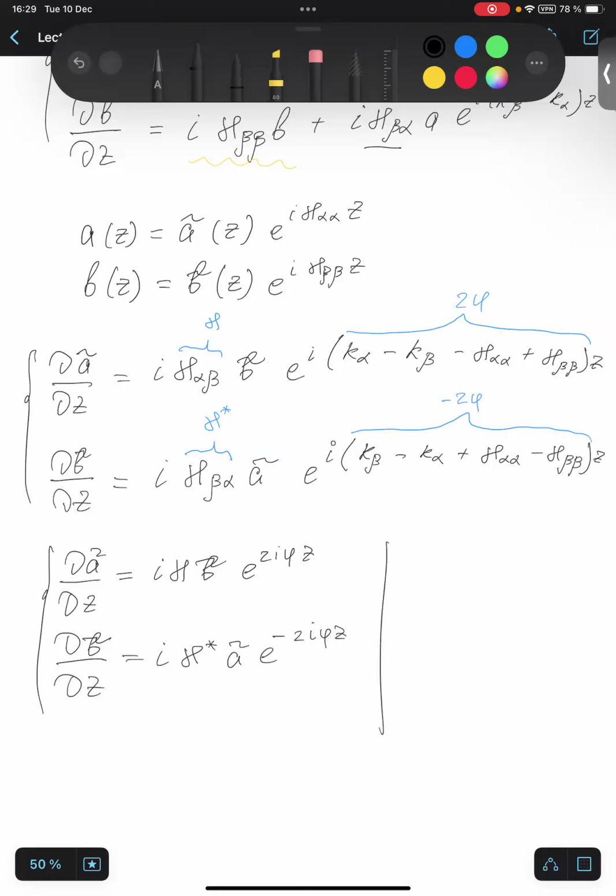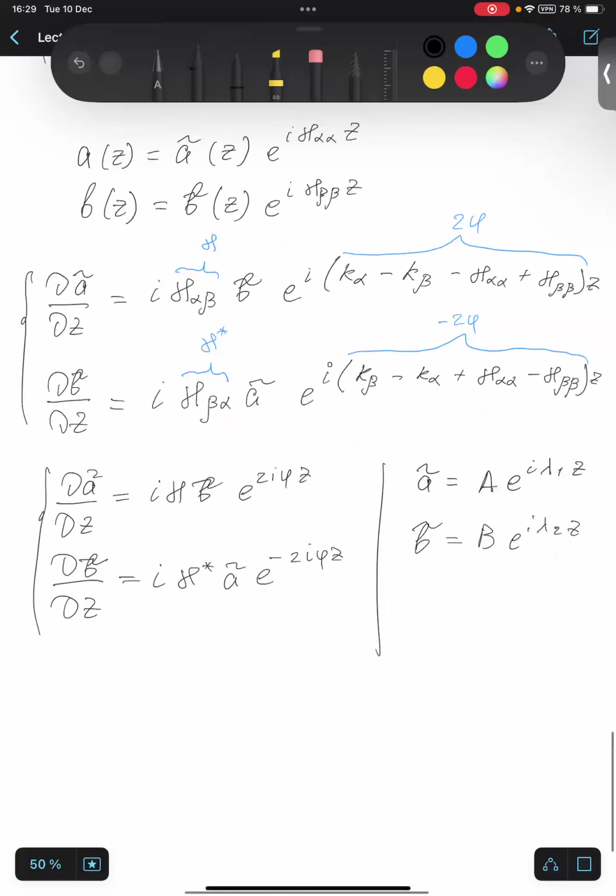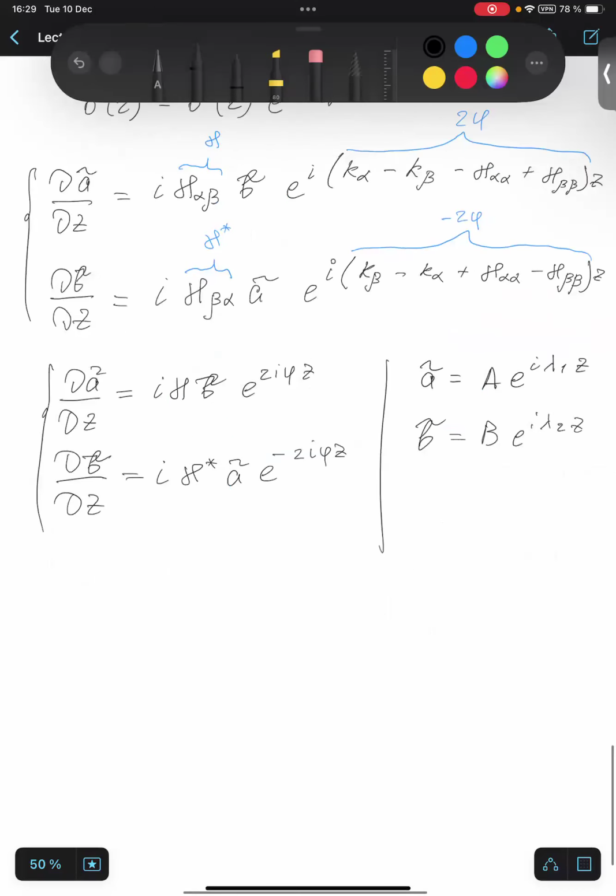So let's find the solutions of such a system in the following form: A e^(i lambda 1 z) and capital B e^(i lambda 2 z). Obviously we'll have some exponential solutions.